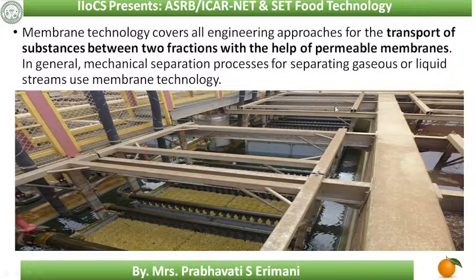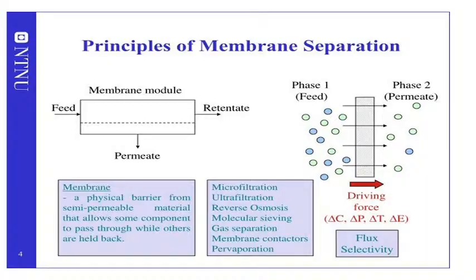Here you can also see how water treatment will be carried out. The principle of membrane separation is that by means of a driving force, the feed is fed to the membrane module.